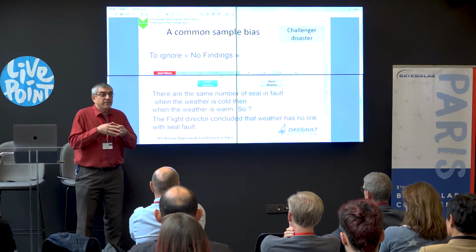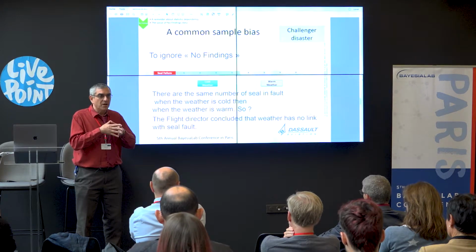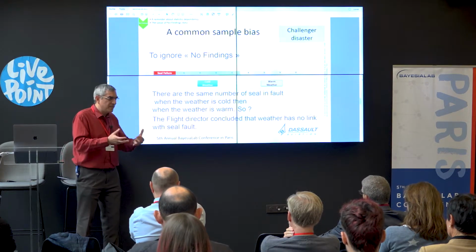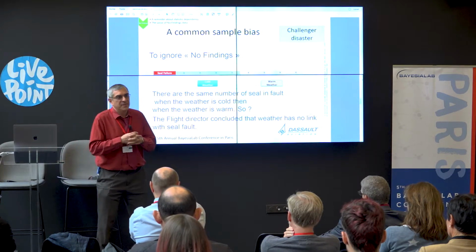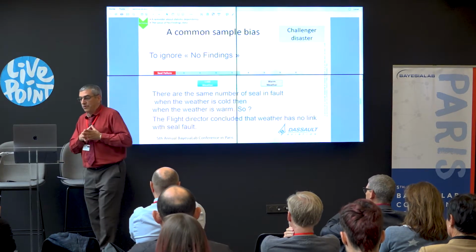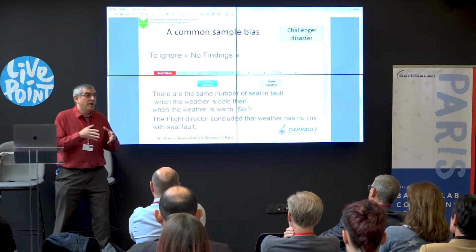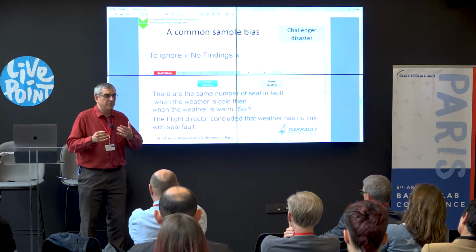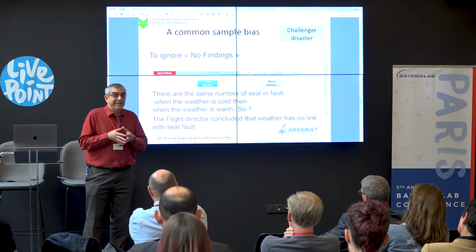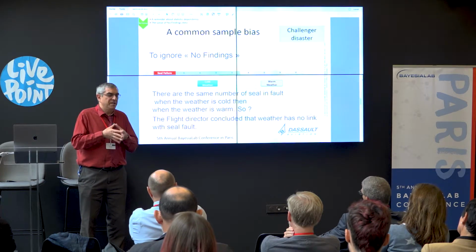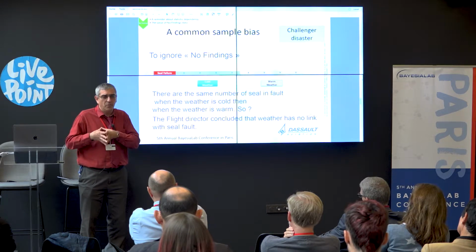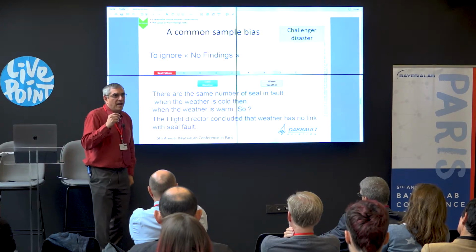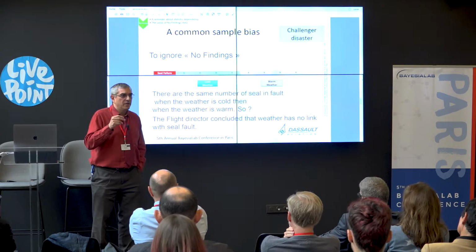In fact, there were 3 engineers from Tickle who had to join a meeting to decide if the Challenger should be launched or not. And each one of the 3 thought that the 2 others would go, and they didn't. So the director of flight said, I do not understand why they say that the seal will fail in cold weather.